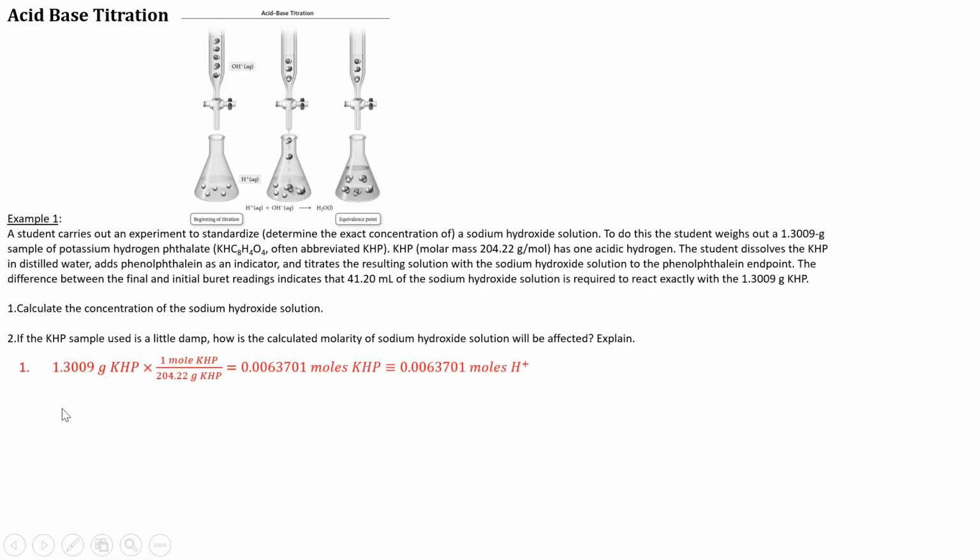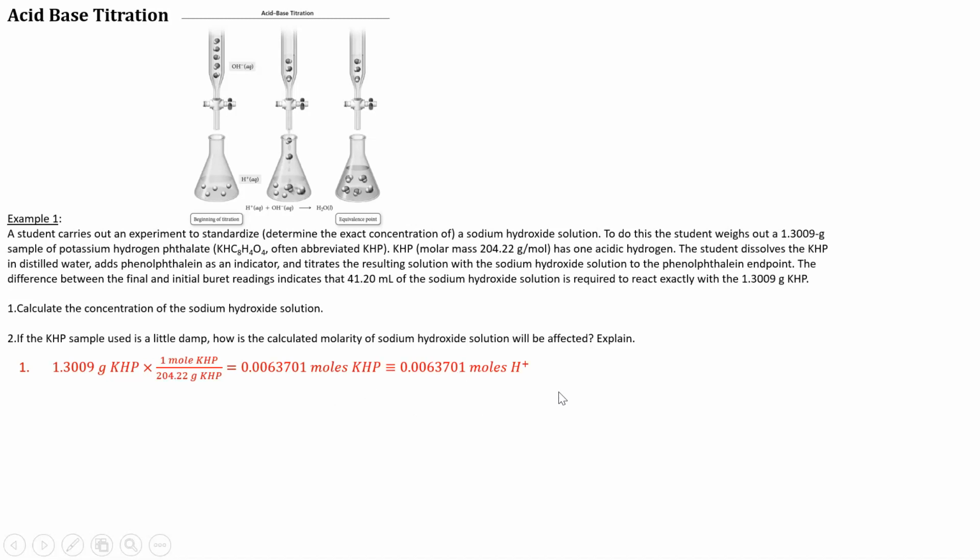That's what we've done here. 1.3009 grams of KHP times 1 mole over 204.22 grams of KHP. We end up with 0.006371 moles of KHP to 5 significant figures, which is consistent with the problem. And that is going to be equivalent, the 3 lines means equivalent, to the moles of H plus because I have 1 acidic hydrogen.